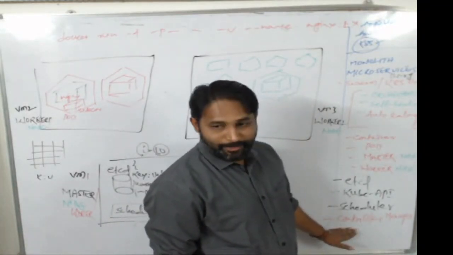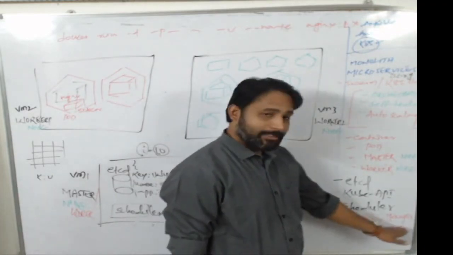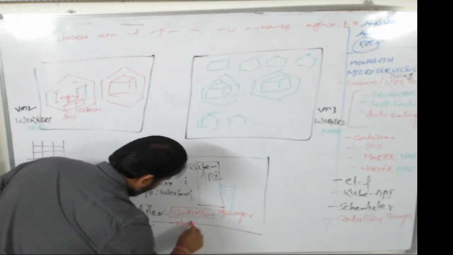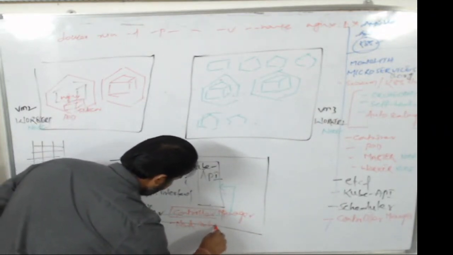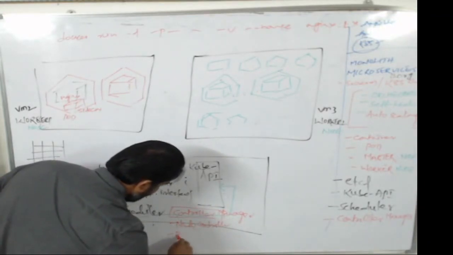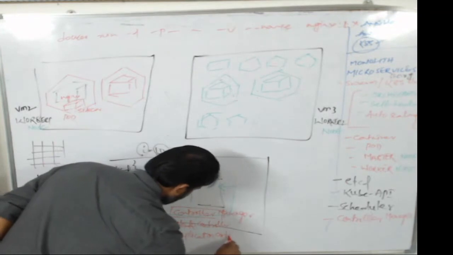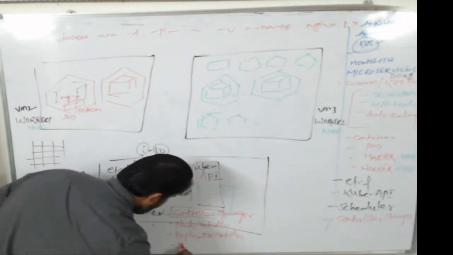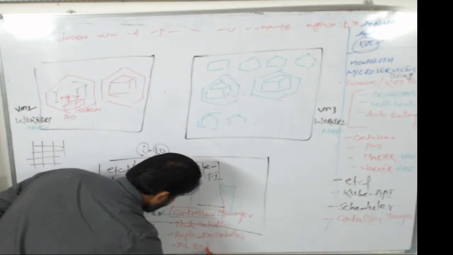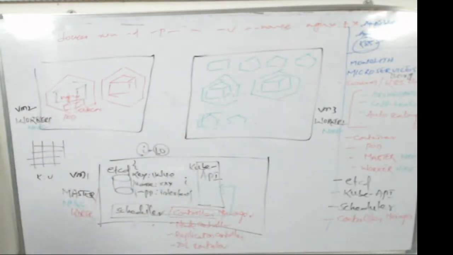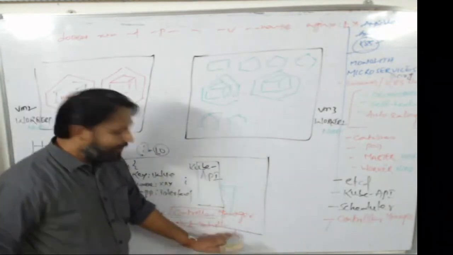This means there should be something called controllers that it manages. There are a lot of controllers. I'll give you some important ones: node controller, then replication controller, then job controller. There are about 10, 15 controllers. You don't have to really know all of them. So the manager is managing these controllers.